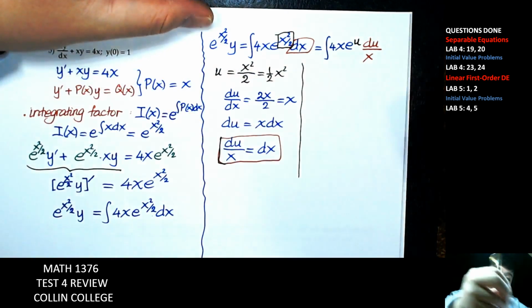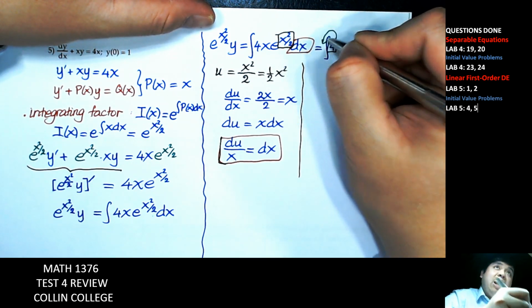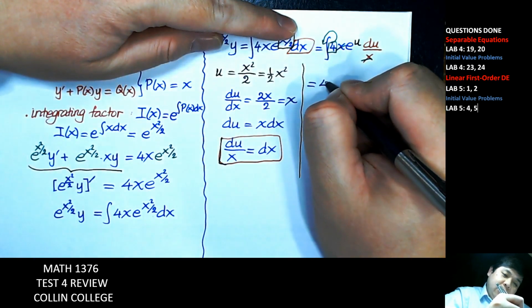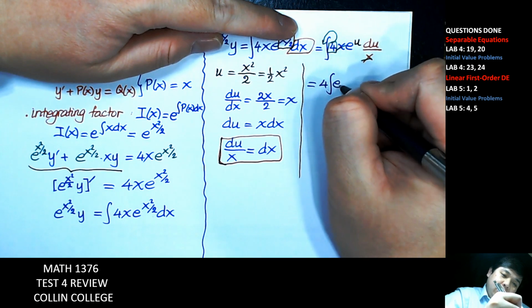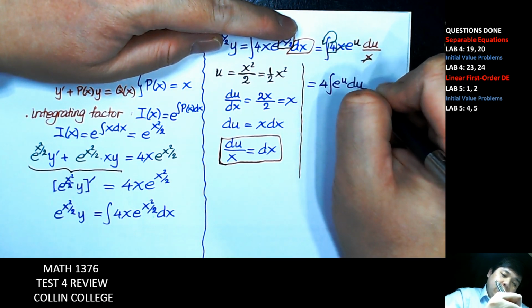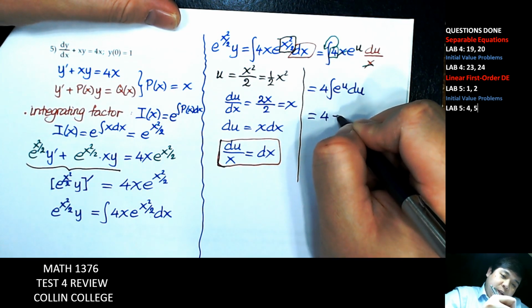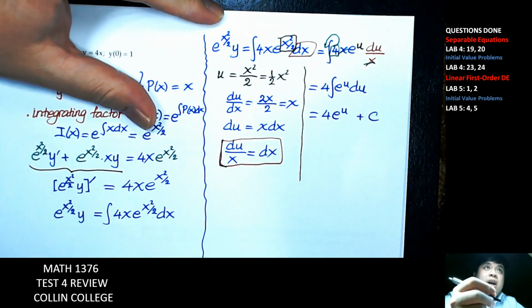The x cancel out. The 4 is a constant. Bring it outside. The integral of e to the u is still e to the u, then plus c. So that's what we have.